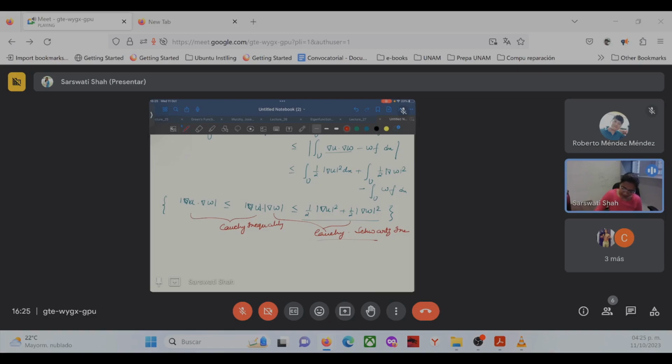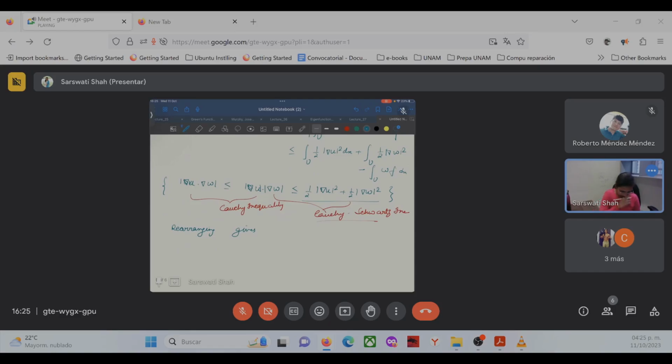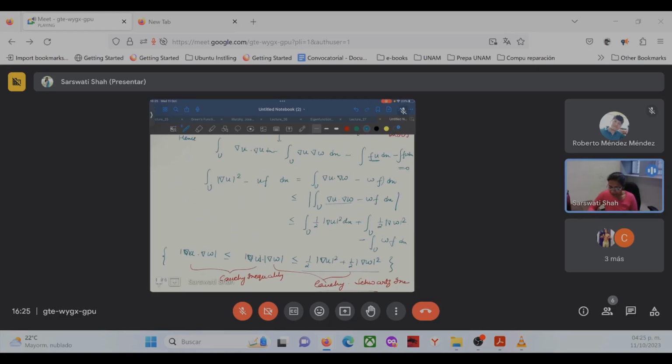Now rearranging it. Rearranging gives. How will you rearrange? What I will be doing is subtracting minus half of gradient of u squared from both sides.